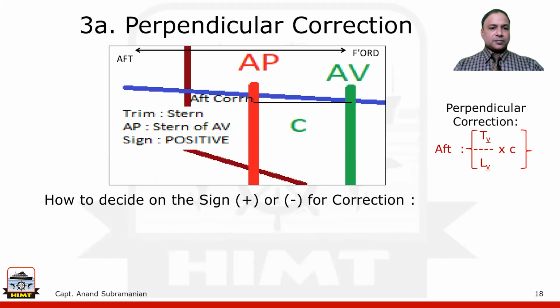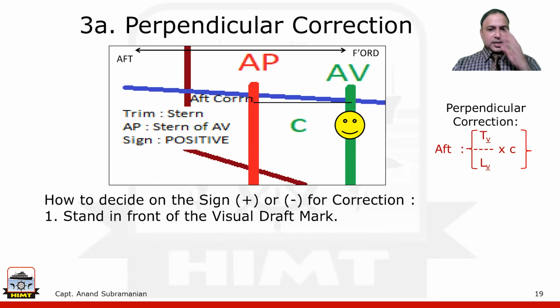Let's look at another example. This is the aft of the ship, the stern of the ship. This is the aft visual draft marks, and this is the aft perpendicular. Exactly like what we did in the forward, we stand in front of the visual draft marks. From here, look at the location of the aft perpendicular.